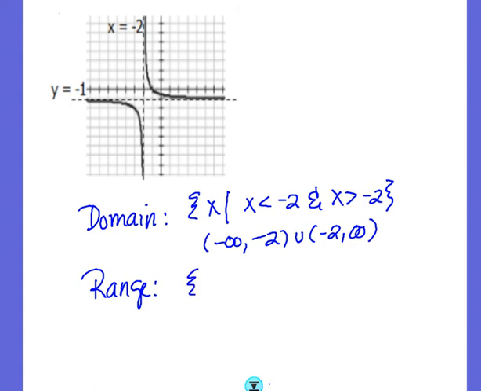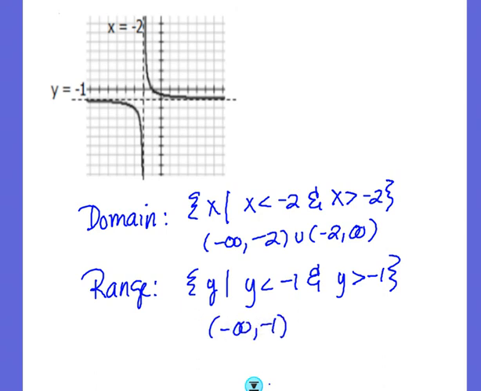So y such that y is less than -1 and y is greater than -1. So in interval notation, it's going to be negative infinity to -1 union -1 to infinity.